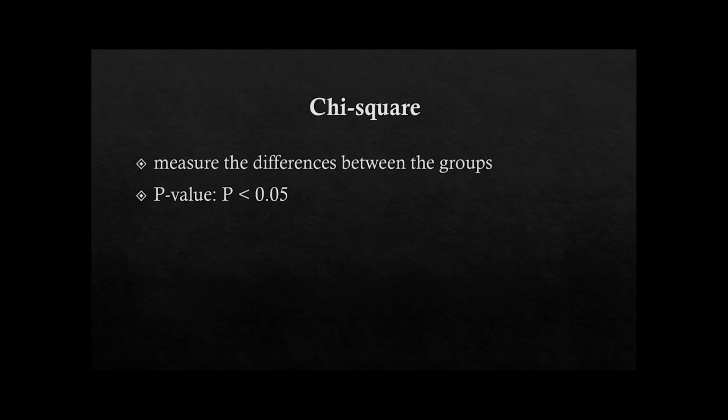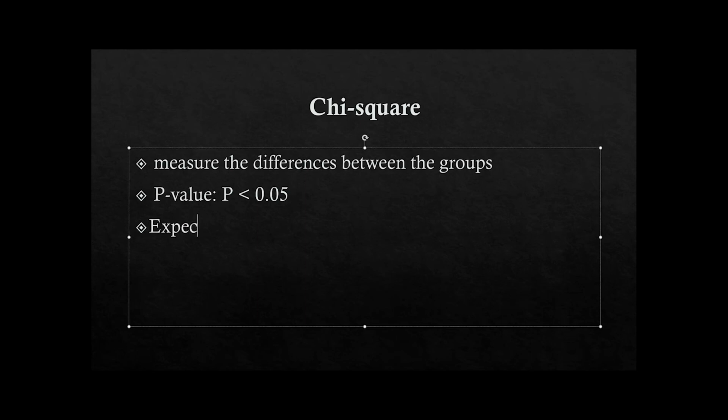So chi-square will show the p-value, and if the p-value is less than 0.05, then we can say that's a significant difference. So we need to find that any effect is less than 0.05.